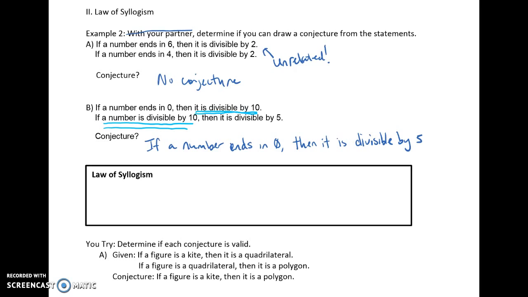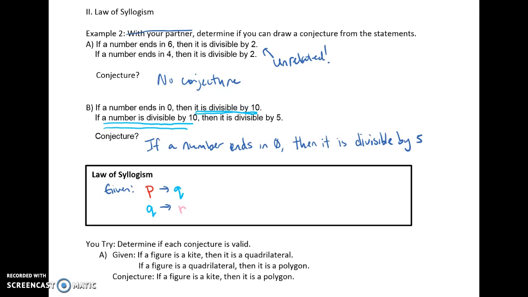So we are given this information. We are given two conditionals, right? If P, then Q. And then you're going to see that Q repeat, and it'll be if Q, then R. Okay?